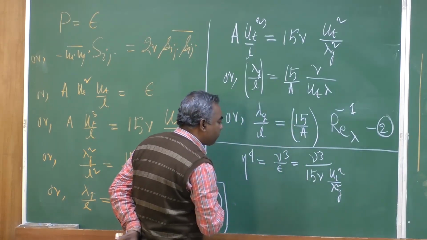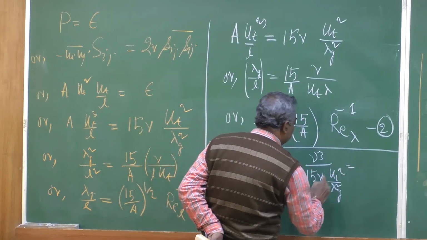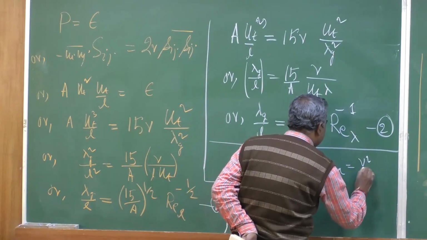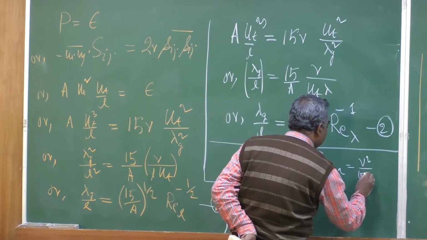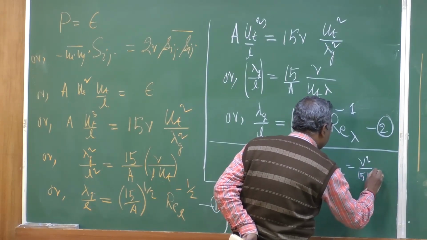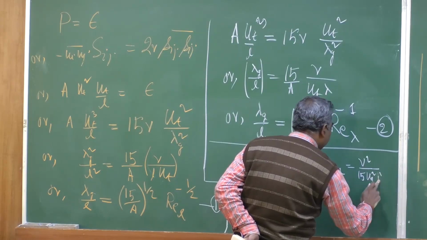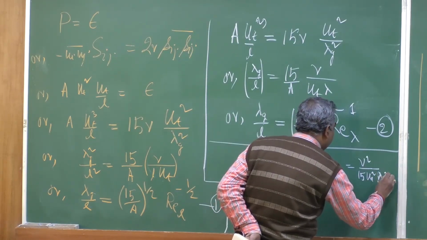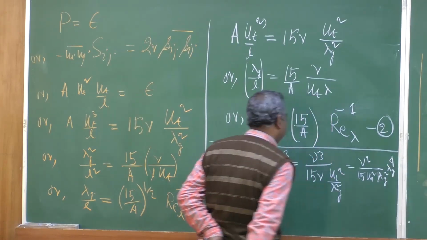So, you see what we are getting from here: nu square, 15 is here, one nu cancels out, then u t square, then I can take one lambda g square, then I can write lambda g to the power 4.